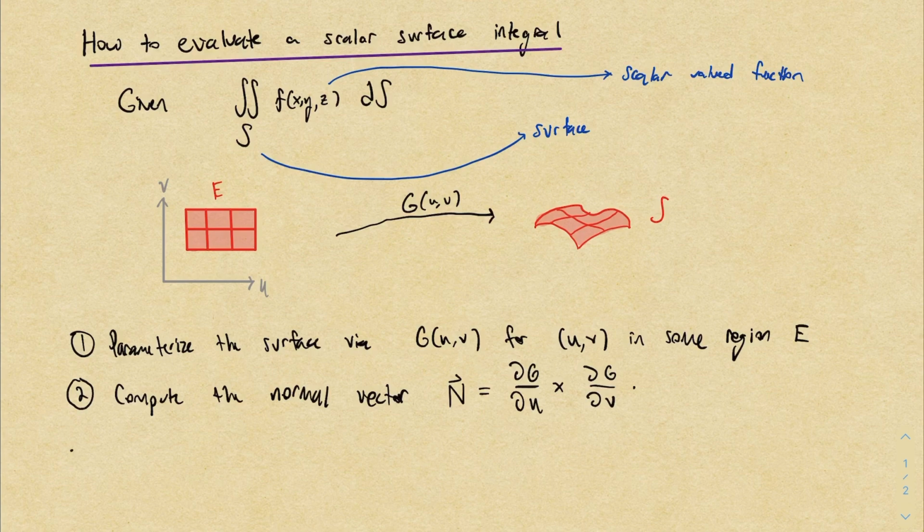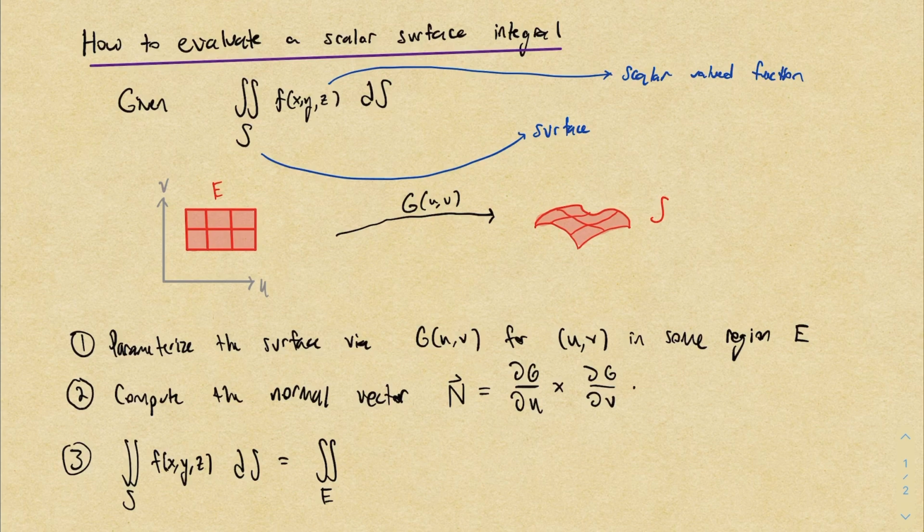And once you have that, you can take the surface integral and turn it into a normal double integral. How do you do that? The region for your double integral is going to be the parameter domain. So whatever the region E was in the uv world, that's what we're integrating over.